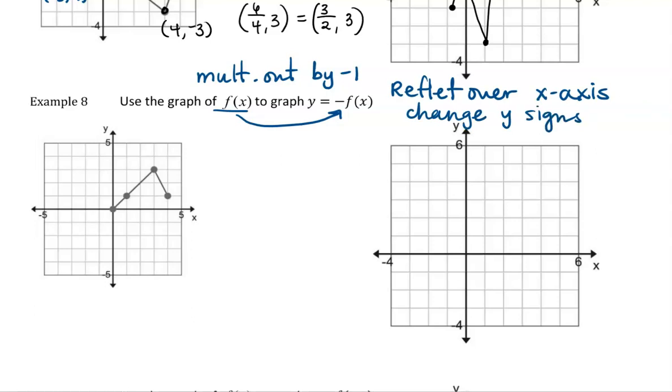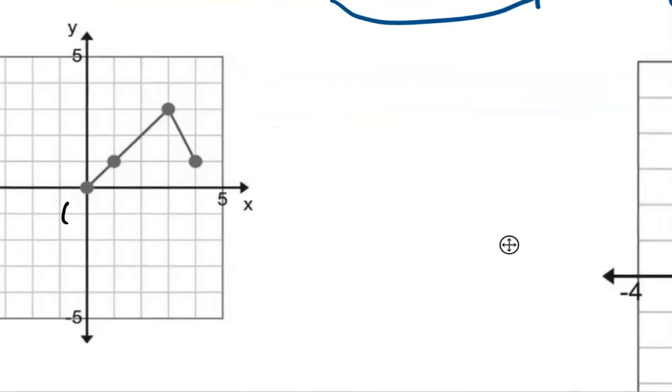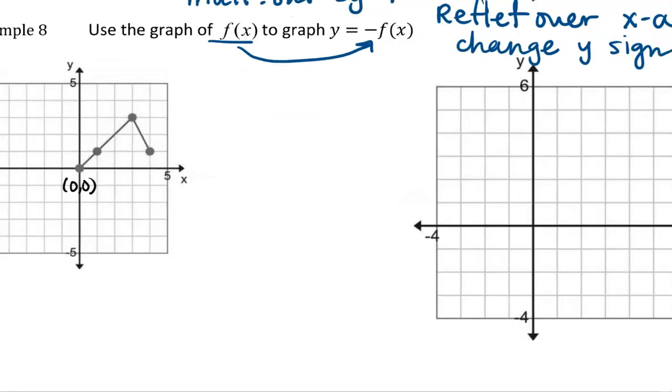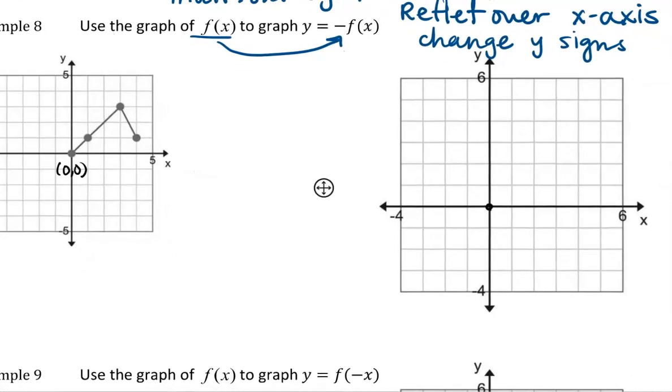So in this original graph here, I'm going to talk about what points we see on that original graph. We see 0, 0. I'm going to change the sign of the y value. Well, 0 doesn't have a sign, so we'll still have 0, 0. Here we have the point 1, 1. I'm going to change the sign of the y value, so it will now be 1, -1.